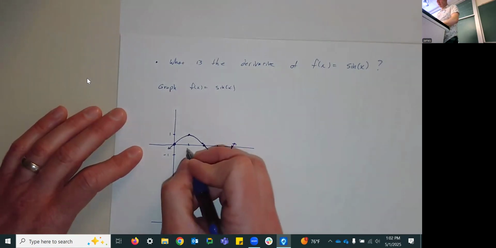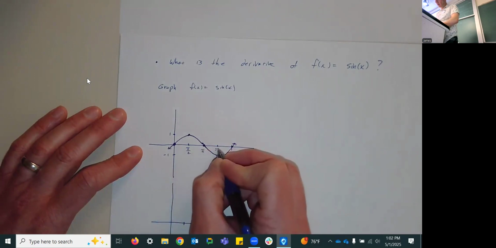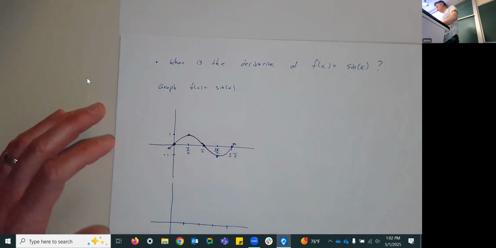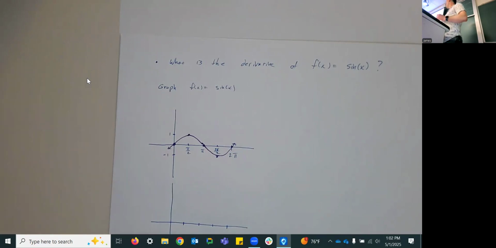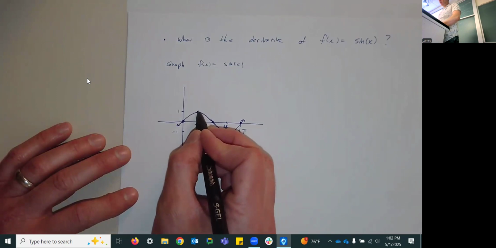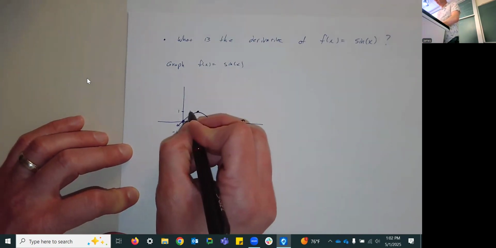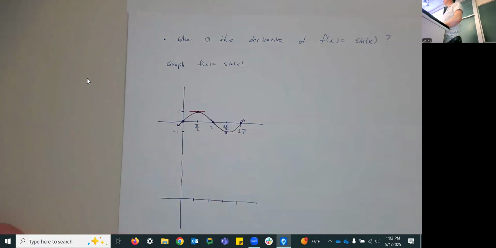Okay, I should label this pi over 2, pi, 3 pi over 2. Let's actually start with the easy ones. So at pi over 2, my point is pi over 2 comma 1. And if I were to draw a tangent line, the tangent line would for sure be horizontal. What's the slope of that tangent line? 0, right?